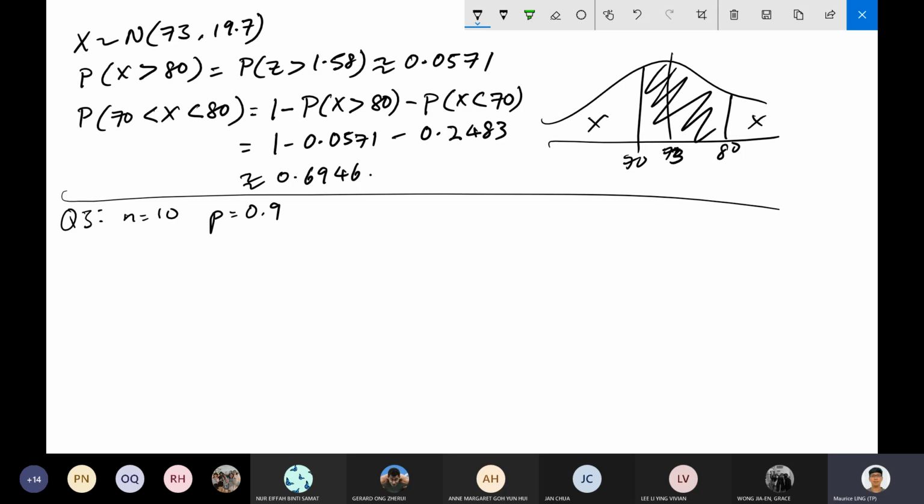So at most one of them decides to fail him, so you need at least 9 to pass him. To qualify for round 2, essentially you need either at least 9 interviewers passing him, because you can only have 1 interviewer that doesn't allow him to go through, or 10.